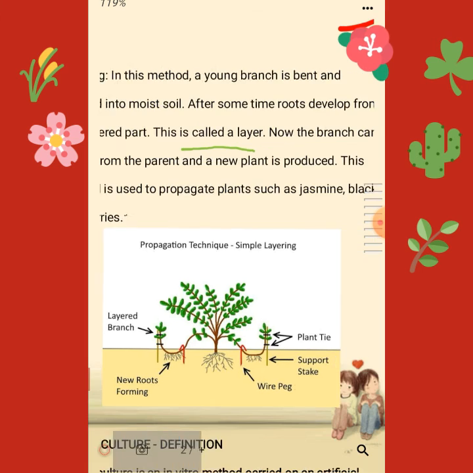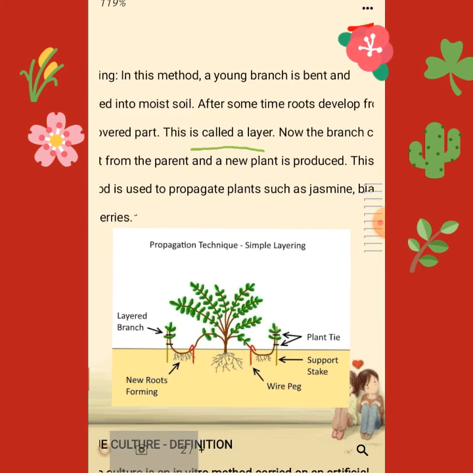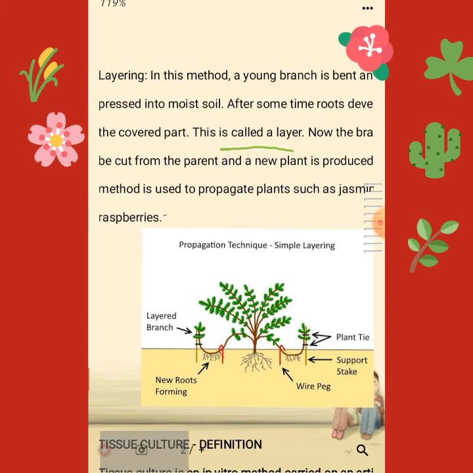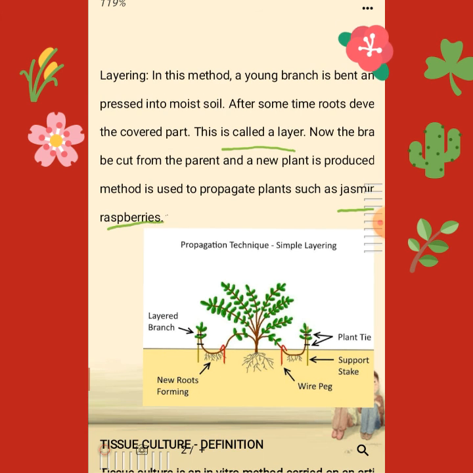Okay, a new plant can be produced, and this method is used to propagate plants such as jasmine and black raspberries. In those two cases, mostly the layering process can be followed. Jasmine and raspberry. Even in the case of strawberry also, the layering process can be followed. Okay, that is about layering.